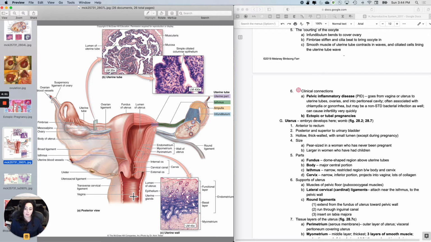So it will move from the vagina up past the cervix into the uterus, potentially into the tubes. And because the tubes are relatively narrow to begin with, scarring and inflammation can cause infertility very quickly.